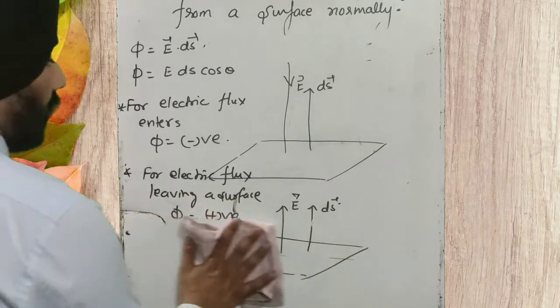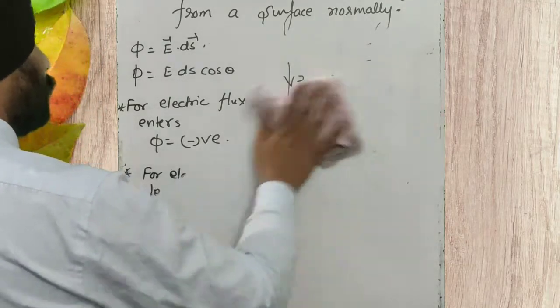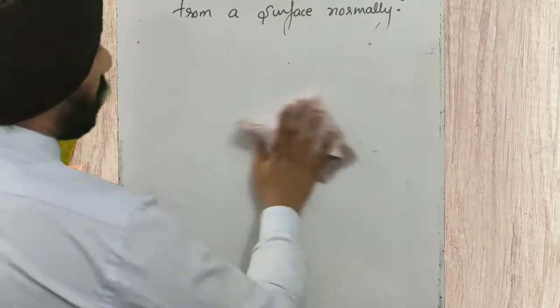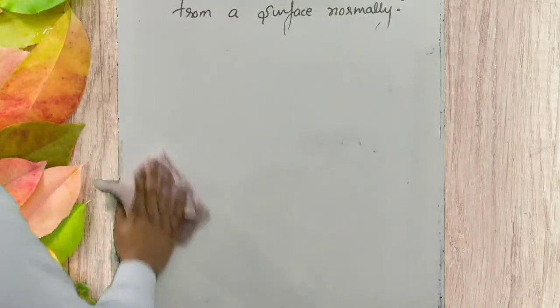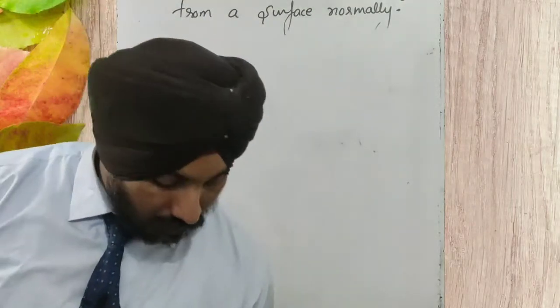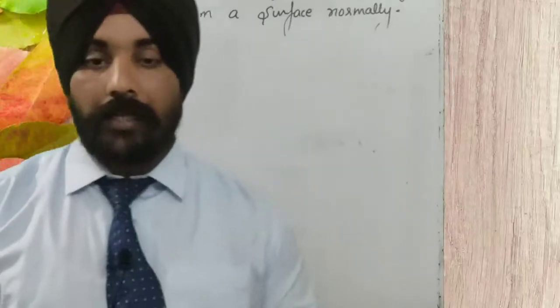Now this is the time to define electric field in some other form. When I was explaining electric field in the last video lectures, I told you electric field is known by different names, depending upon the situation in which we are defining it.